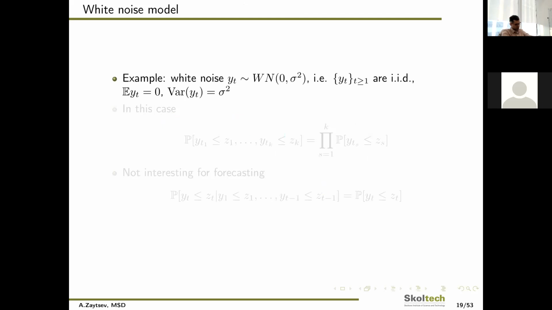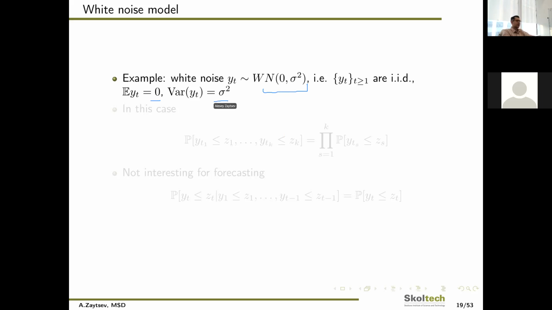So the simplest model we can have here is white noise. Basically, we have no assumption about the connection between different y's, and each y is generated from a Gaussian random variable with zero mean and some variance sigma squared. So about this moment, we paid attention at the previous slide. We say that the mean value is 0 and the variance is sigma squared.